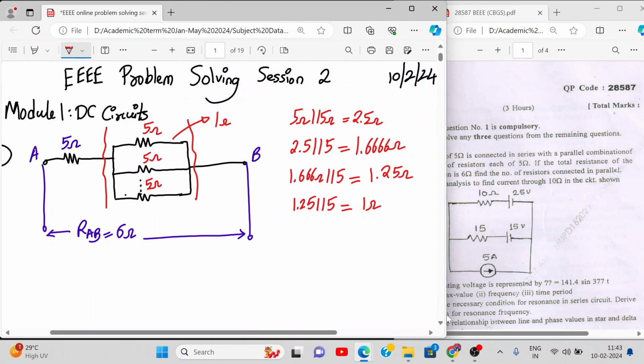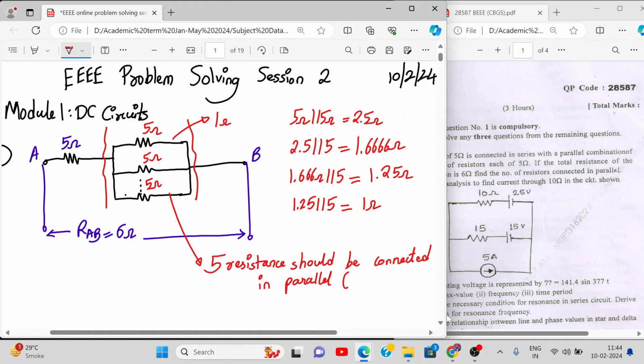So tell me how many resistances you should connect in parallel. This is 1, 2, 3, 4, 5, right? So 5 resistances should be connected in parallel.